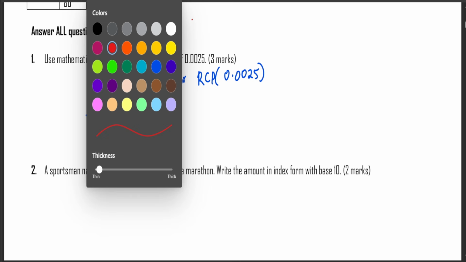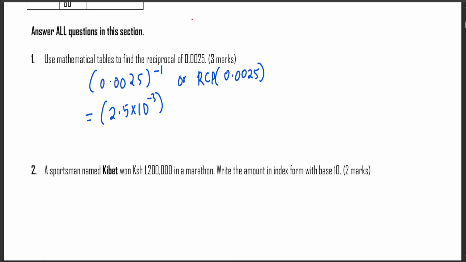So we get something like this, but don't forget to raise to power -1. So obviously the reciprocal of 10 power -3 is going to be +3, because -3 times -1, with powers, you usually multiply them. But now what is the reciprocal of 2.5?